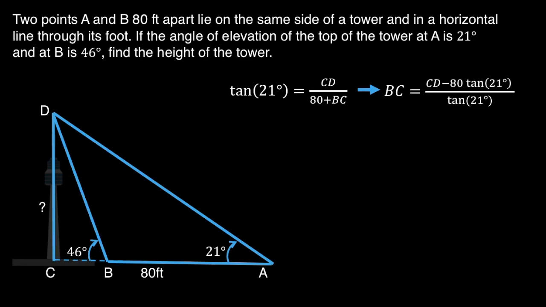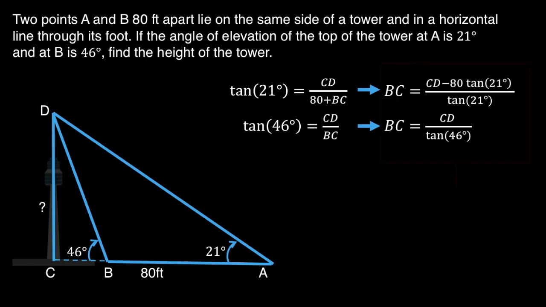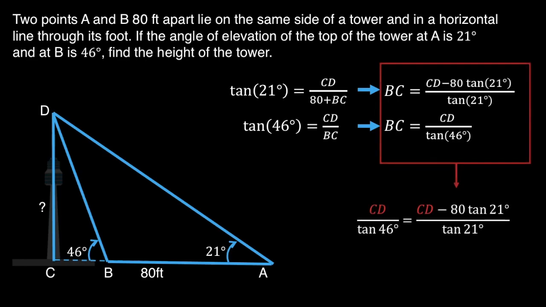For triangle BCD, we have tangent of 46 degrees equals CD divided by BC. We isolate BC as well and get CD over tangent 46. Since both the expressions are equal to the same segment, BC, we can equate them. We have CD over tangent of 46 equals CD minus AT tangent 21 divided by tangent 21.